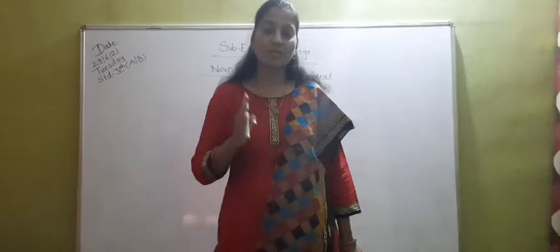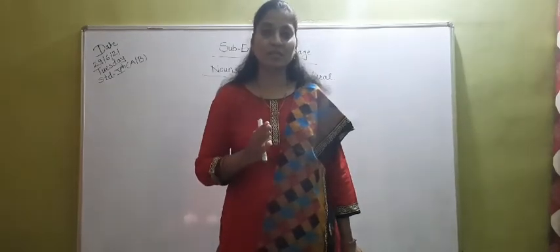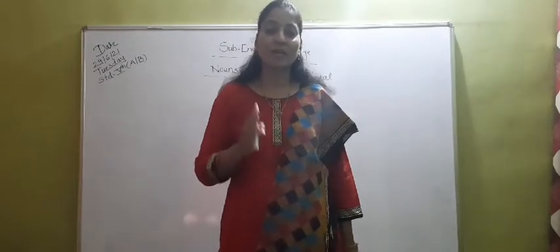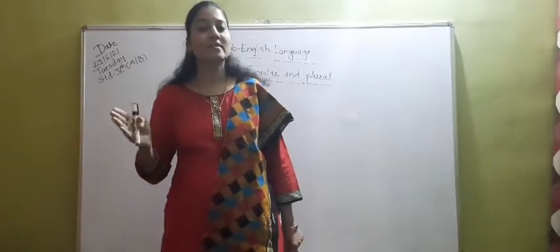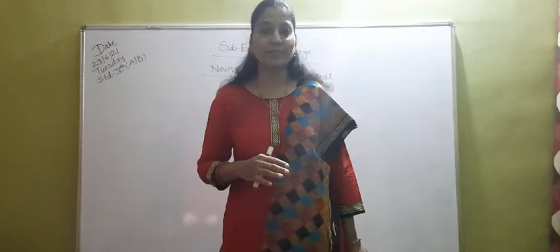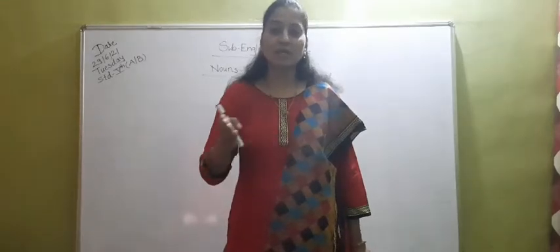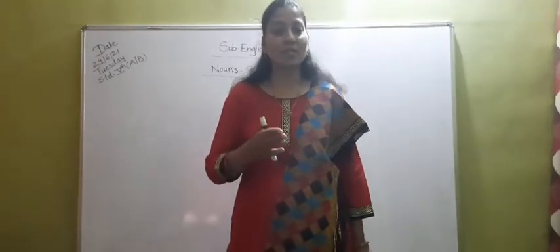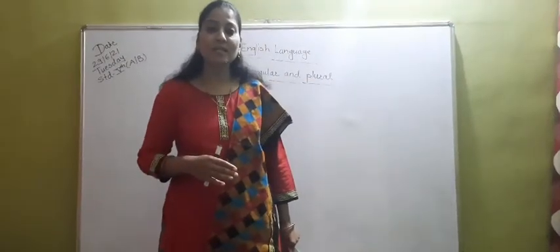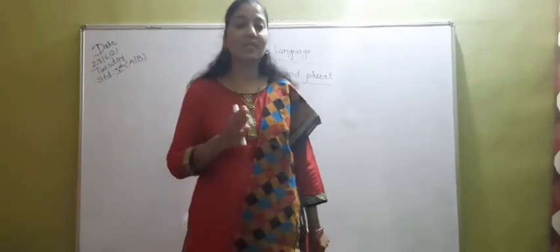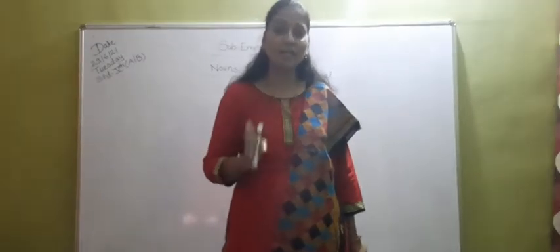We can also change the words that have y in the end, changing that y into i and thus adding es to the word. So there are various rules and we have seen all the rules one by one. Can you tell me how many rules there are? We have studied all the 10 rules.